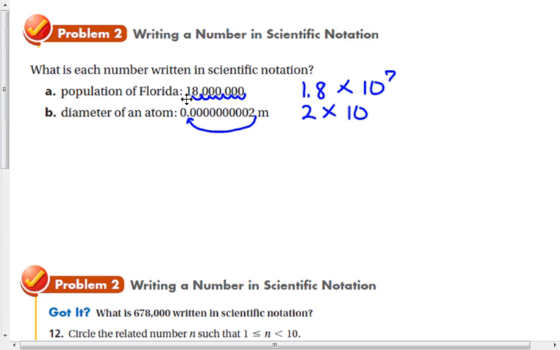And to move it to the left, that means we're dividing by 10, and it turns out that every time we have one less power of 10, that's the same as dividing by 10. So we can just count how many places there are from the end. That's 2, 3, 4, 5, 6, 7, 8, 9, 10. And that's the negative power of 10 that we need. All right, you try that.